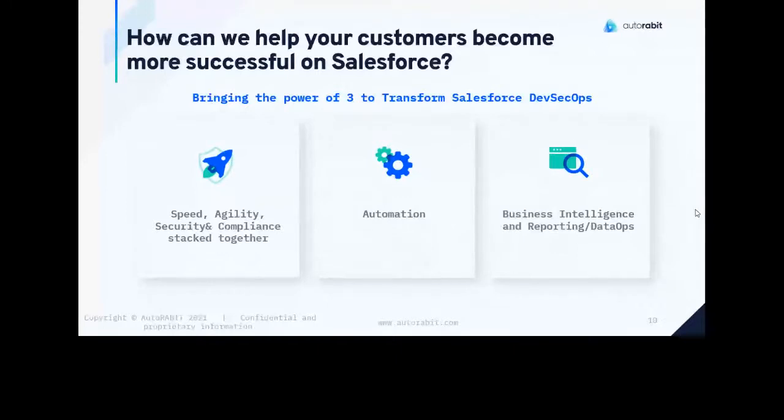Third one is business intelligence and reporting, or DataOps capability. Through this, you would be able to get a 360-degree overview of what's happening across all the products over the period of time, and do a complete audit of everything happening in release management, whatever approvals have been done, whatever steps have been taken, all those things.